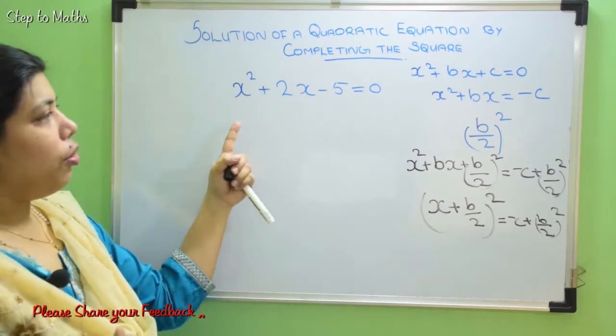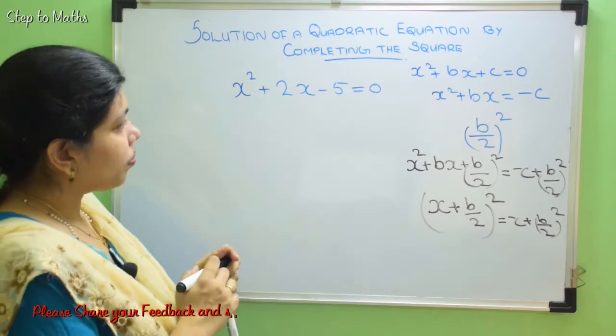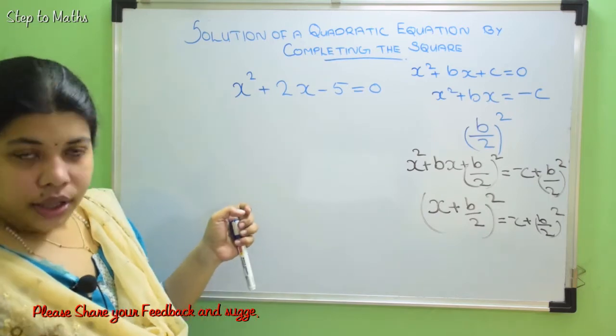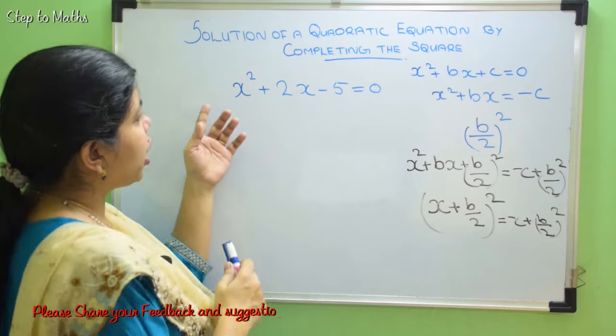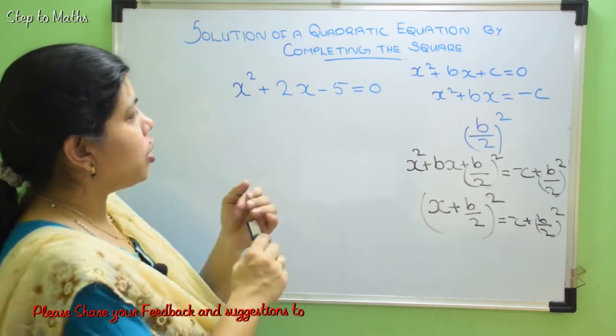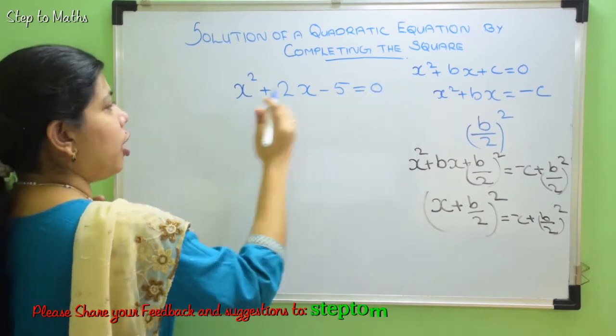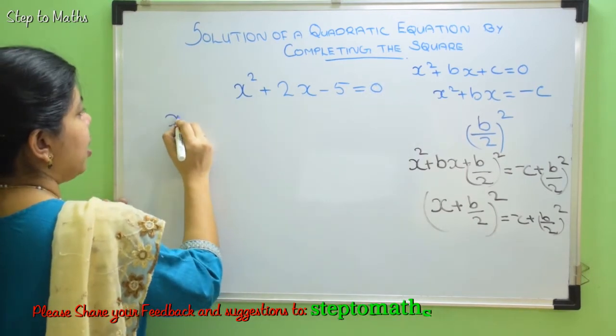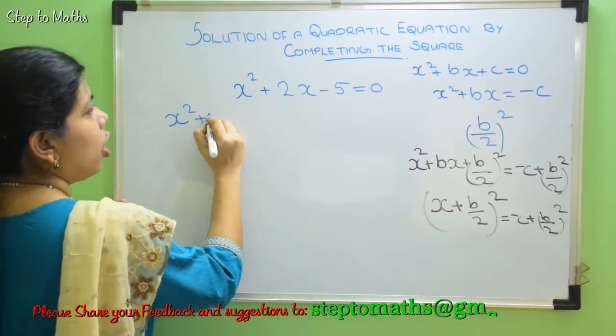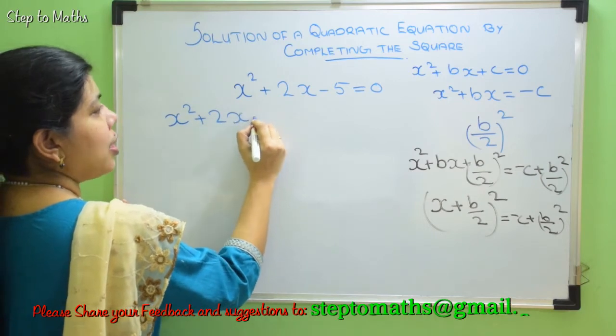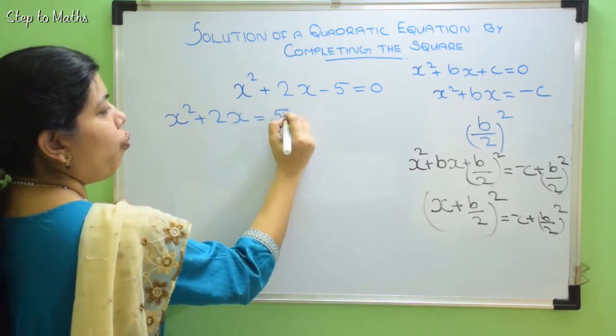Okay, then move to this question. Apply this method. x square plus 2x minus 5 is equal to 0. First step is to transfer the constant part to the right side. That is x square plus 2x is equal to 5.